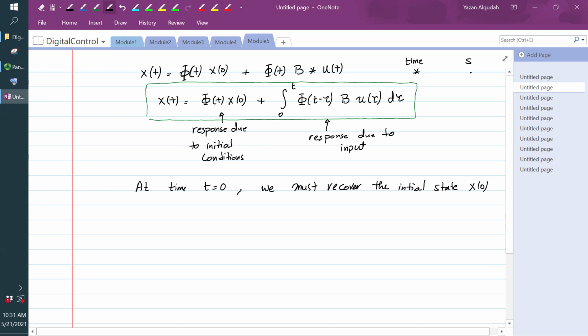So basically what I'm saying is if I take x of t and substitute t equal to 0, this is going to give me x of 0.